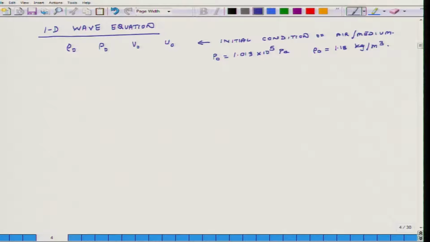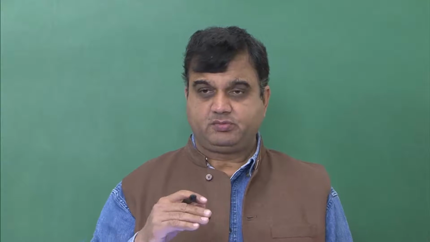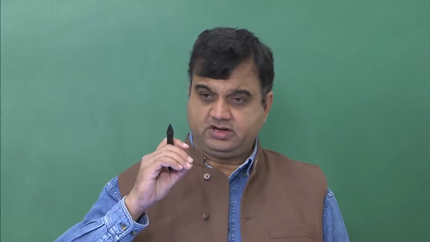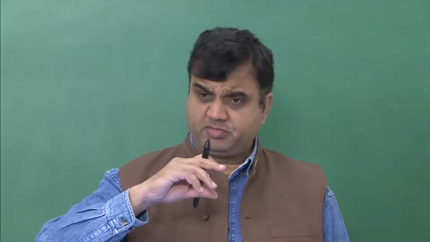Now, in this air, let us think that some sound is produced. When this sound gets produced, there is a pressure fluctuation in the air, and this pressure fluctuation will initially be at the source, and over a period of time it will propagate to all other points in the medium.